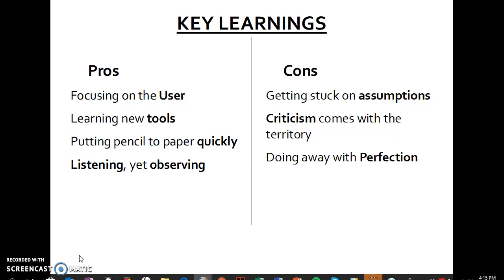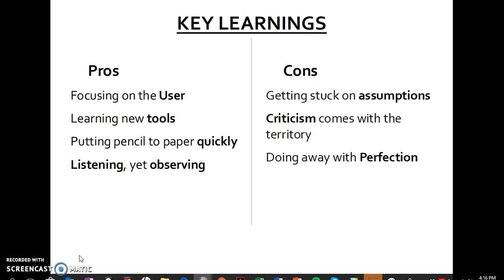Two was learning new tools that would help me become a more efficient and effective user experience designer. The third was being able to iterate quickly and create ideas quickly, putting pencil to paper. That was very important because as a UX designer, you should be able to quickly articulate and visualize your thoughts.